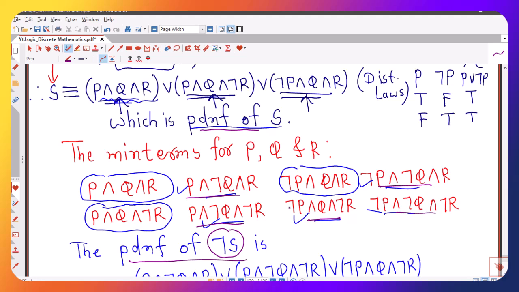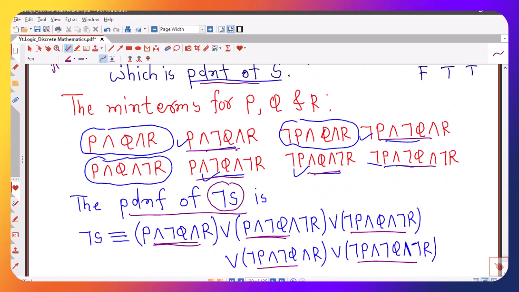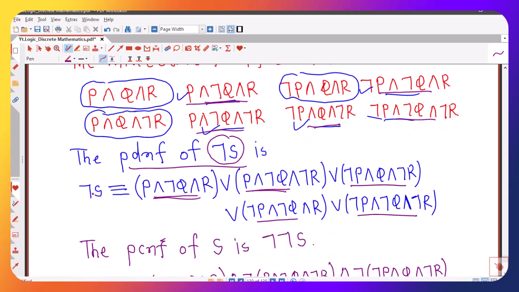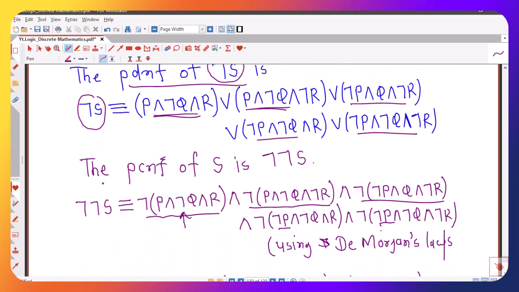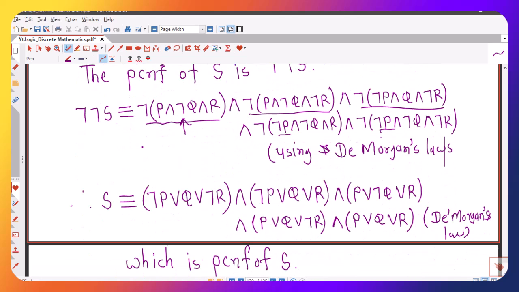So here 5 min terms are not used in the PDNF of S. We consider the disjunction of these remaining min terms, and that is our PDNF for negation S. And by taking negation of negation S, we obtain the principal conjunctive normal form of the given formula S using De Morgan's law repeatedly.